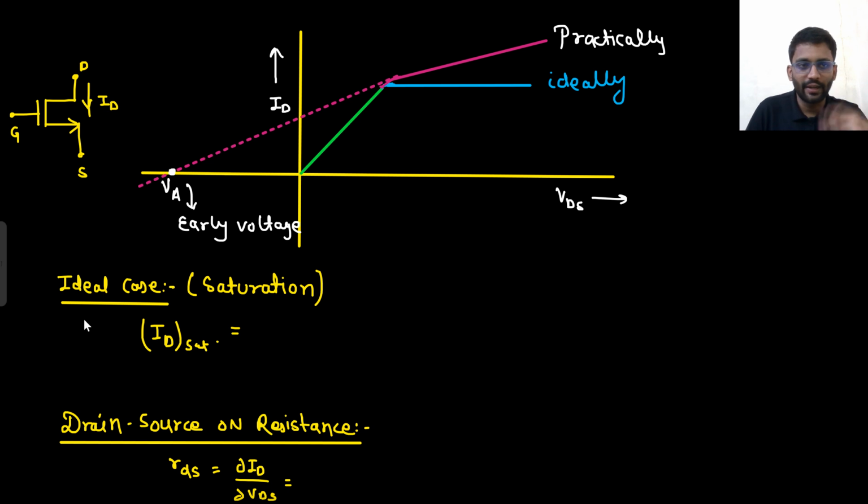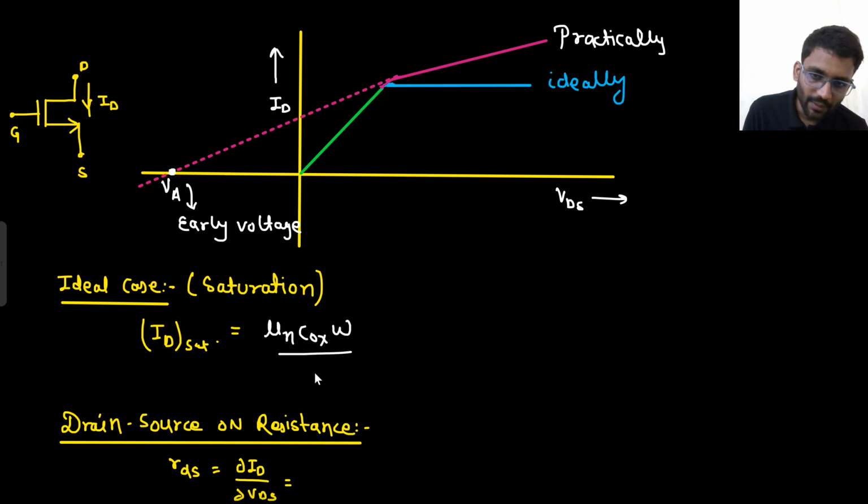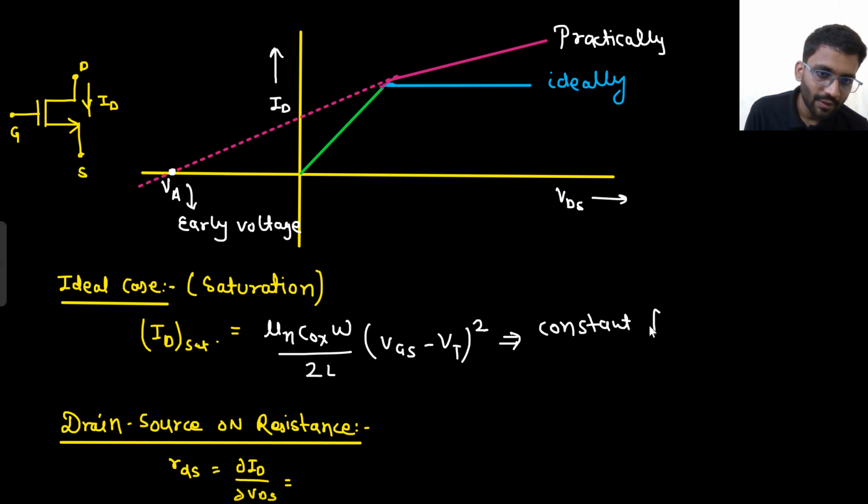What is the current for the ideal case in saturation mode? Linear mode we are not talking about. Now we are talking about only saturation mode. The current is mu n Cox W by 2L times (VGS minus VT) square. That is constant for fixed VGS.